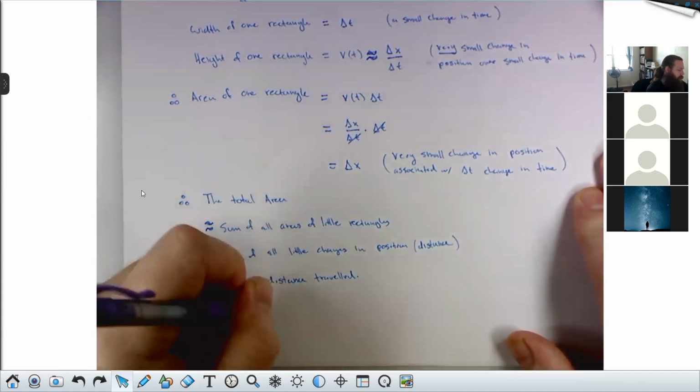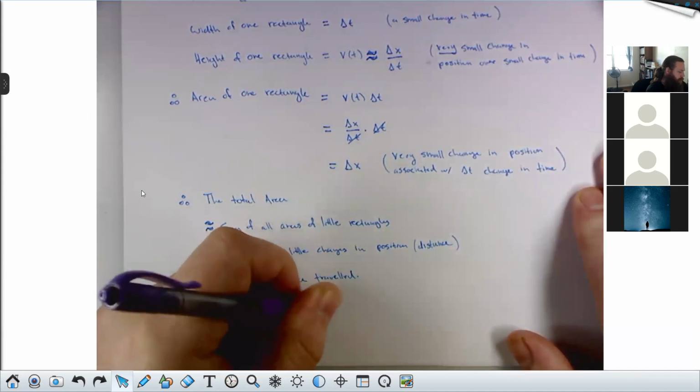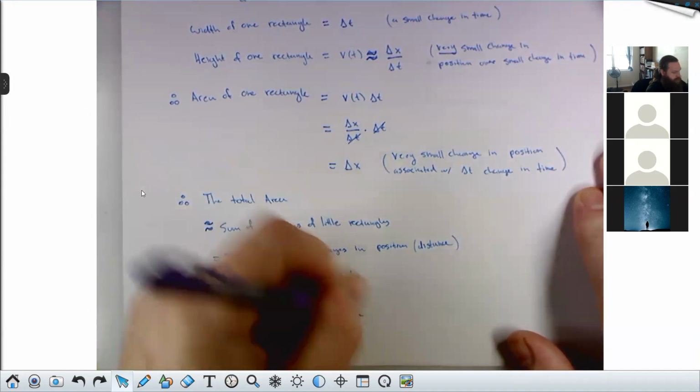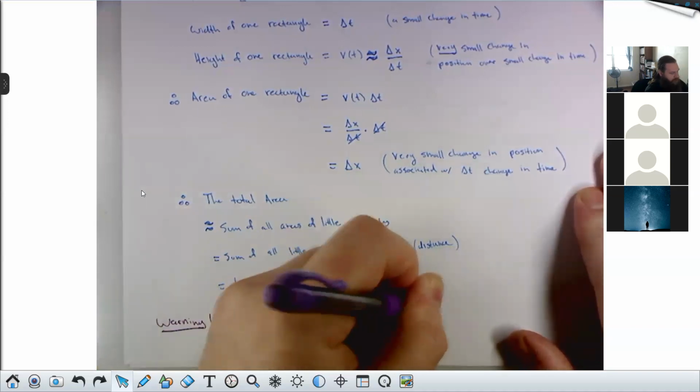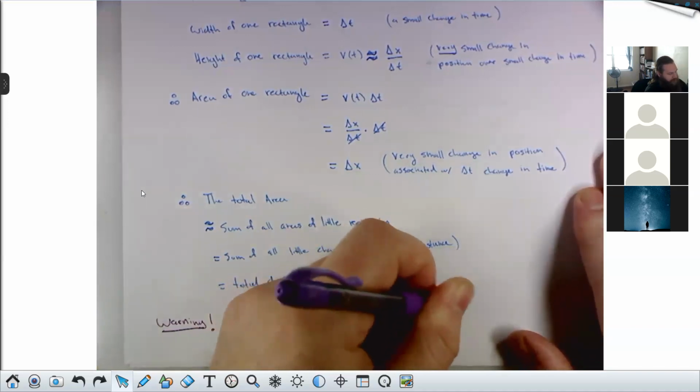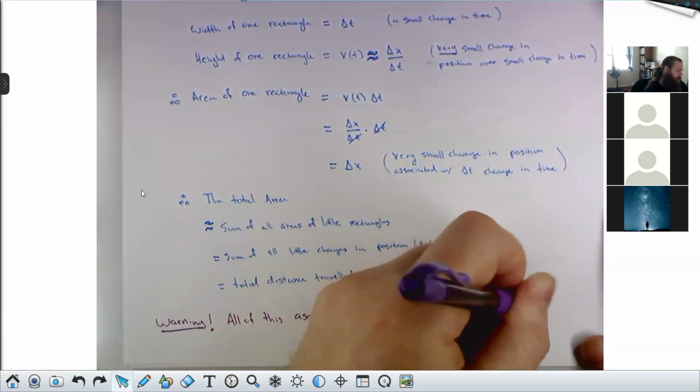All of this assumes the velocity function v of t is positive.